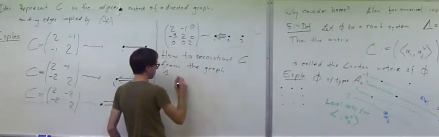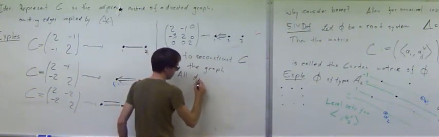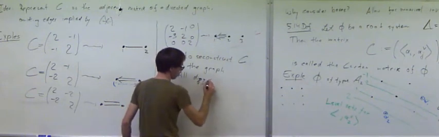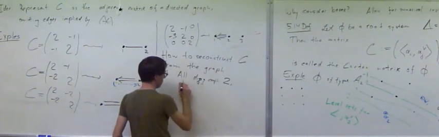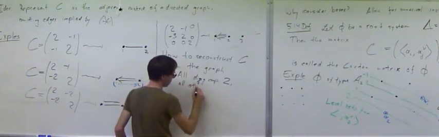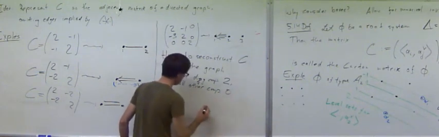So I start with the following matrix: all diagonal components 2, all other components 0.